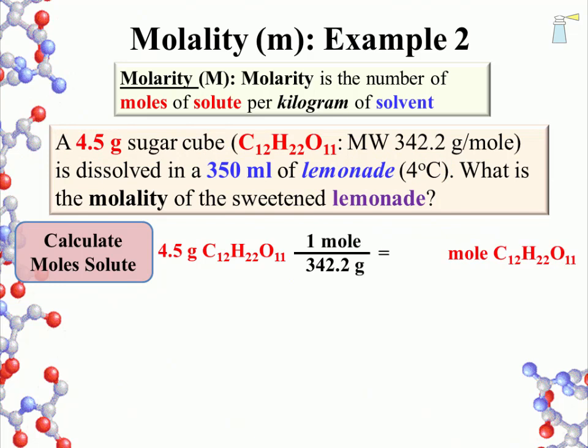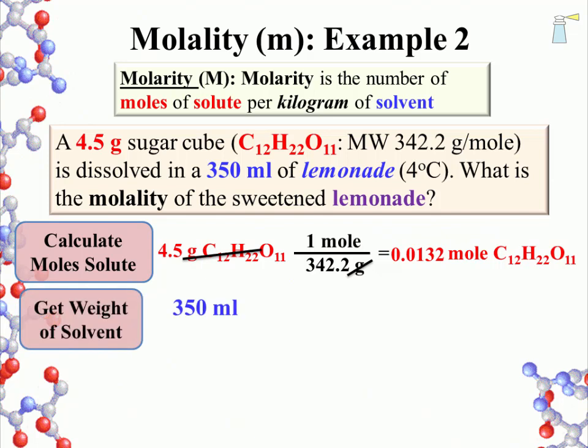The orientation of the molecular weight is such that grams cancel out. The division of 4.5 by 342.2 gives a mole value of 0.0132. In this problem, that is the easy part. A bit more difficult is getting the weight of the solvent. It is given in mL, so a conversion into kilograms is necessary.